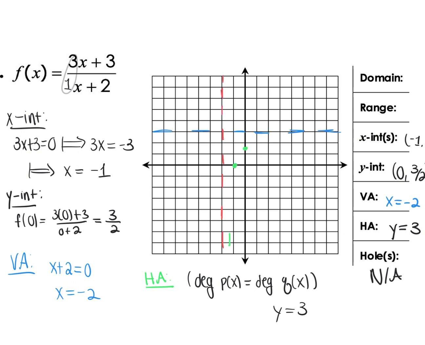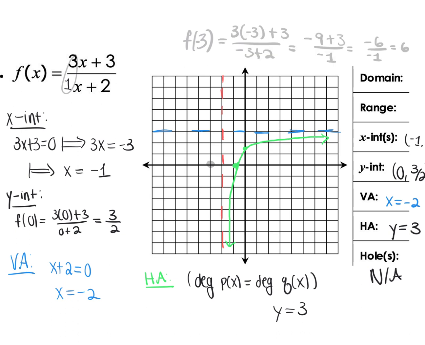All right, so we have all the information listed. So the graph will look like this over here. We're not too sure how the graph will look over here though. But what we can do is test out a point. So I might test a point here, which would be f of negative 3.